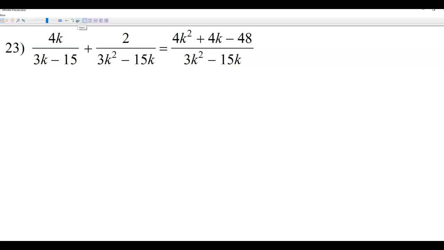So once again, I've got polynomials in the denominator. So the first thing that we're going to do on this problem is begin by factoring that denominator out. I can take a 3 out there. For the next one, I can take a 3 and a k out.